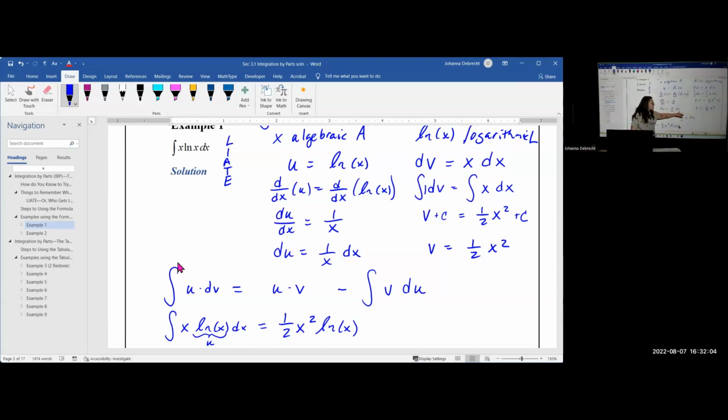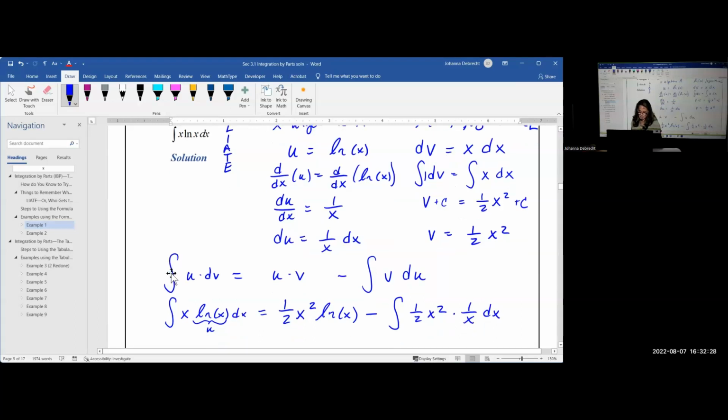Notice that du has this differential because we abused the notation, and that will allow me to do that integral. So the minus is part of the formula. Remember that we rearranged terms to solve for the integral of u dv. So this gives me 1/2 x squared, that's v, times 1 over x dx.